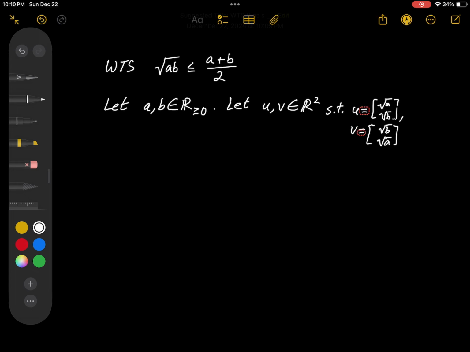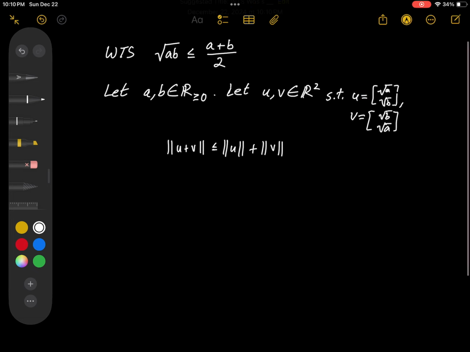Alright, now we can get started and we can actually write the triangle inequality. So the magnitude of U plus V is less than or equal to the magnitude of U plus the magnitude of V. Great. Now we can plug in the vectors themselves.